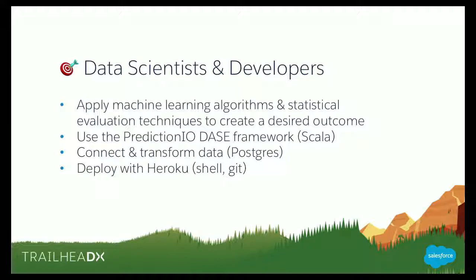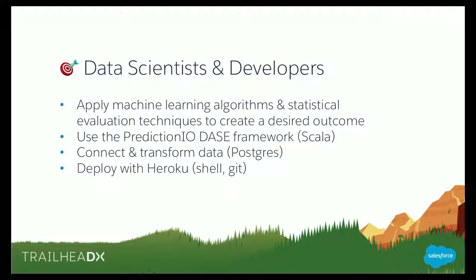Then also, when you're working with PredictionIO on Heroku, our first-class data store is Postgres. You can use Heroku Connect to synchronize data over from a Salesforce org. So this is your avenue to getting Salesforce data into a PredictionIO engine. But there's still a custom step.